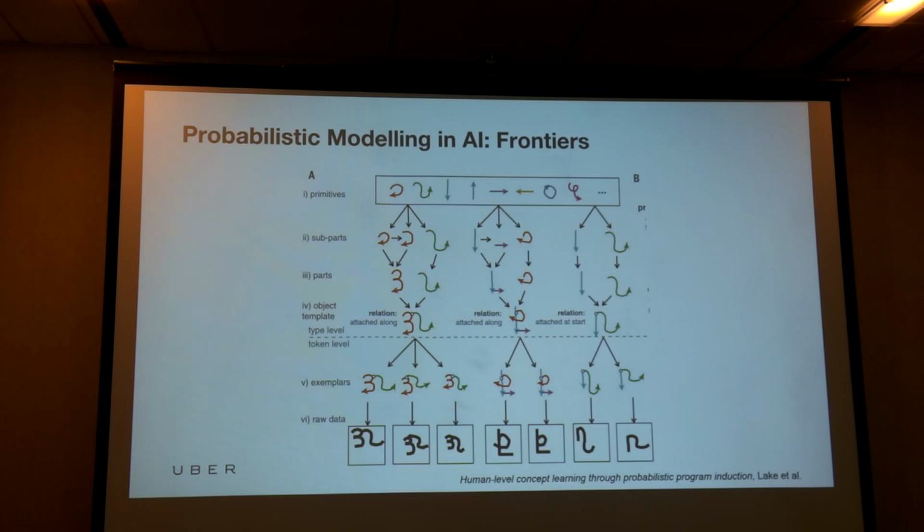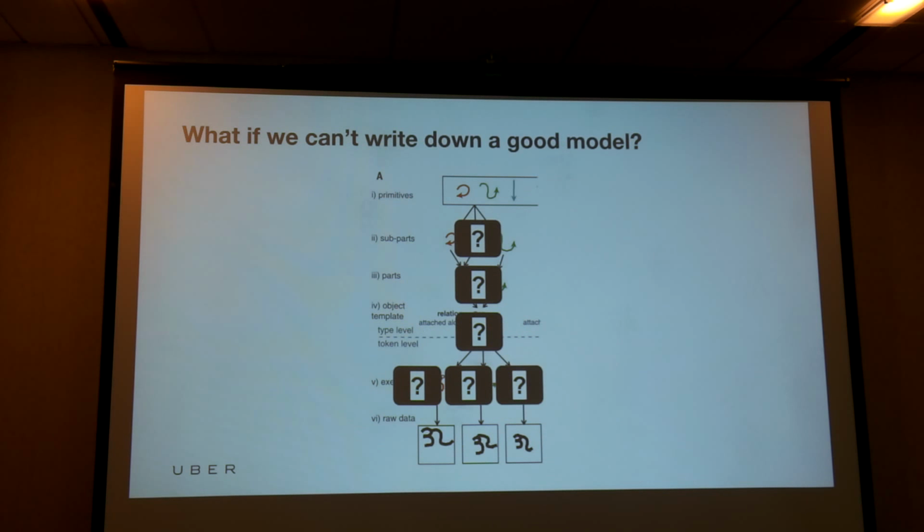It's got all these levels of primitives and subparts and parts, objects, types versus this type-token distinction, which is a big thing in psychology. So this represented an enormous amount of work on the part of especially the first author, who spent many years working on a collection of models like this. Spent most of his PhD.